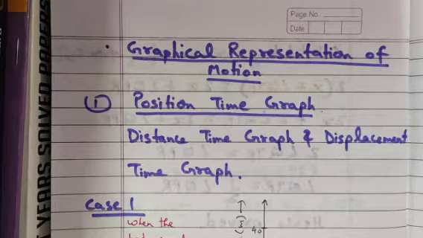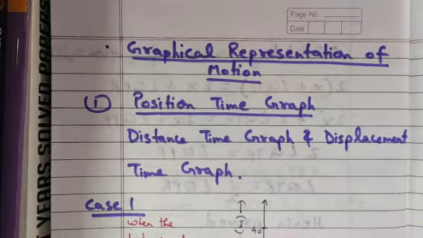So today we will be discussing graphs. First of all, what are graphs? Graphs are basically the pictorial representation between two physical quantities, like for example, distance time graph, velocity time graph, time period and frequency.